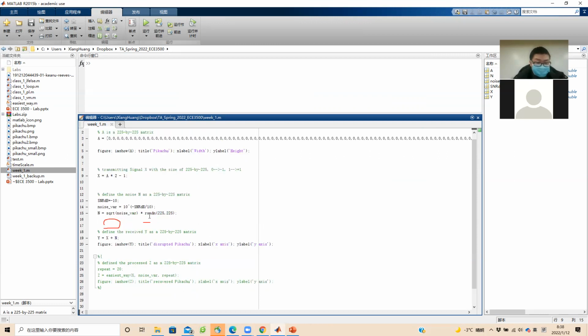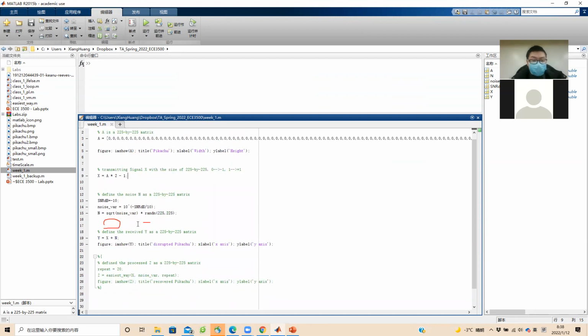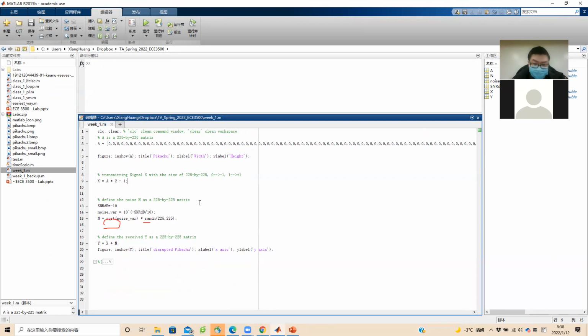Okay, let me ask you a question. Since our noise is so strong, how can we get the information of Pikachu at the receiver? I mean, how to recover Pikachu from this powerful noise?